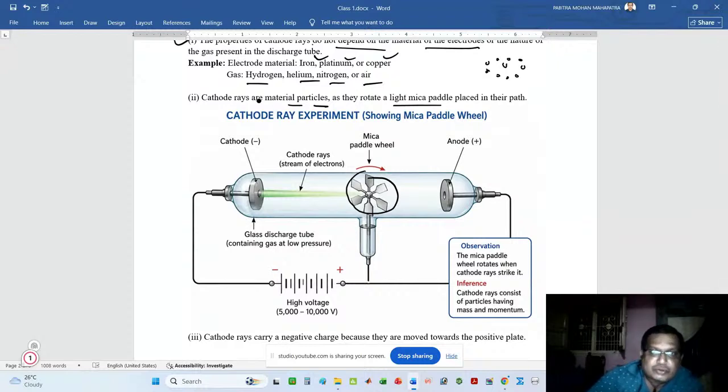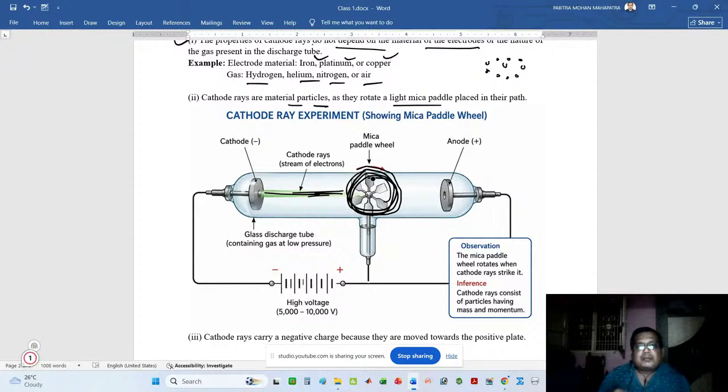When the cathode ray comes from the cathode and strikes the mica paddle wheel, what happens? The mica paddle wheel will start to rotate. It rotates like this. That means some force must be applied on the wheel.